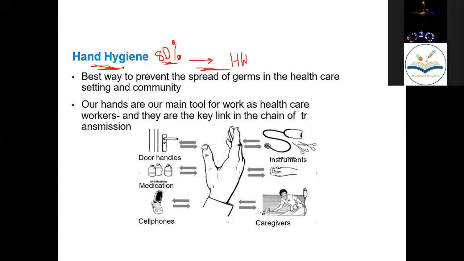Okay, so this is very important. We must pay great attention to this topic. We have to know the proper way for hand hygiene. We have to know the proper way for hand washing.